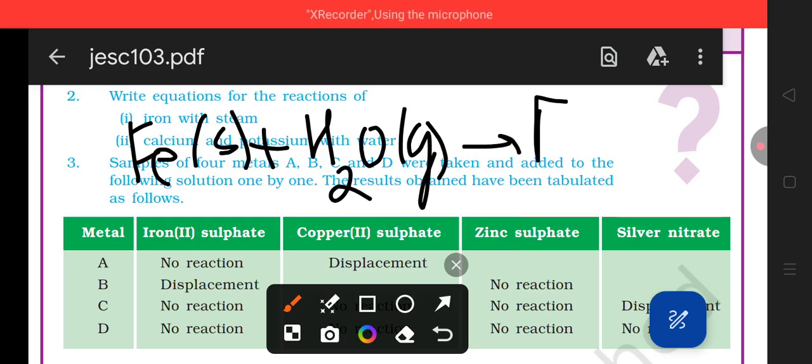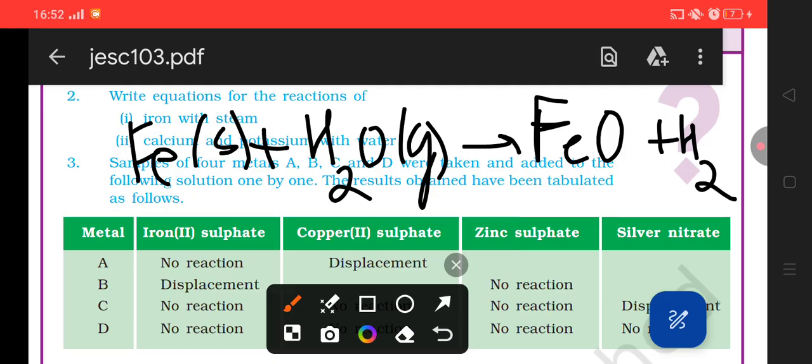Next, it will form, if I am taking iron with second valency, so it would be just FeO, plus hydrogen. So like this the reaction will happen. It will form what we call ferrous oxide. Okay. So I am taking iron with second valency. Now see here the hydrogen gas is evolved.